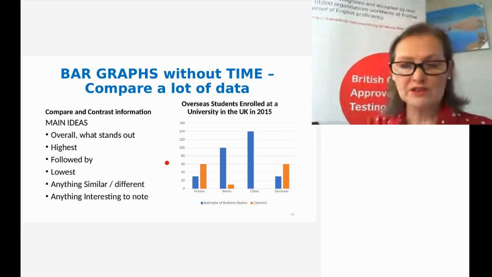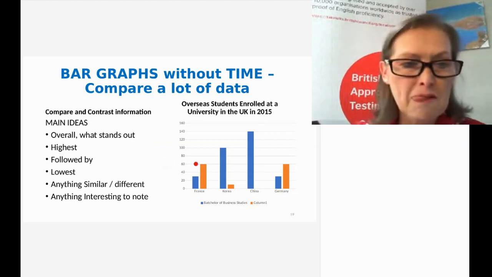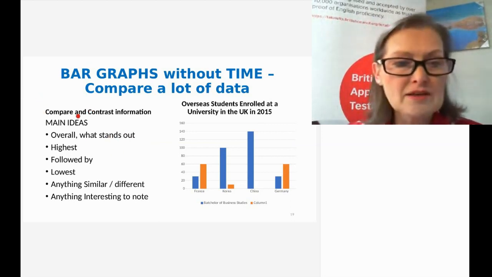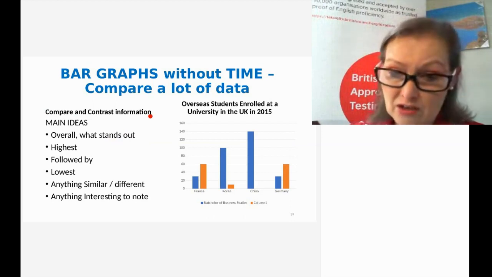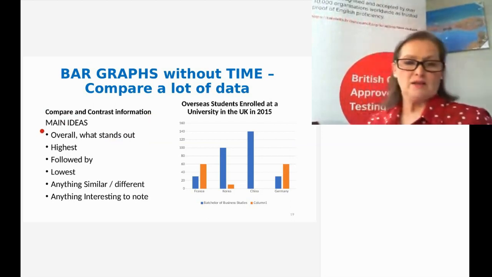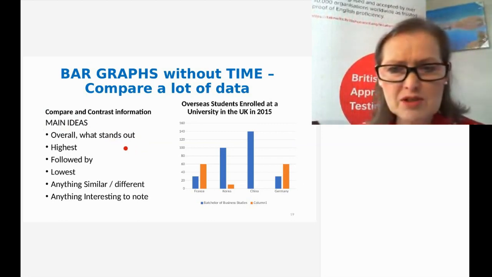Now have a look at the language that I've used here. This is a structure I've worked out over the years. And once again, my compare and contrast information. And we're looking at my main ideas. Once again, overall, what stands out? We're looking at the highest. What is the highest? Because obviously that's the most important.